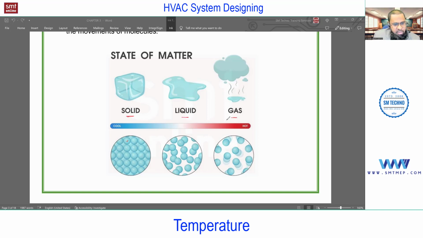So what do you think? In which case will you find higher temperature, solid, liquid, or gas? Yes, gas. And in which case lower temperature? Solid, right? So now you can relate, as the temperature increases, the movement of molecules also increases, na?